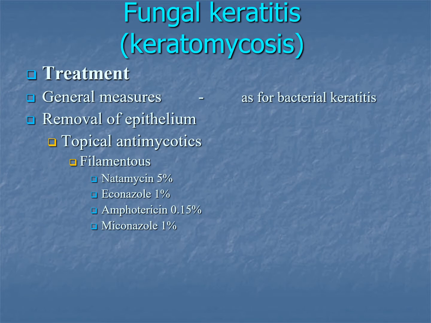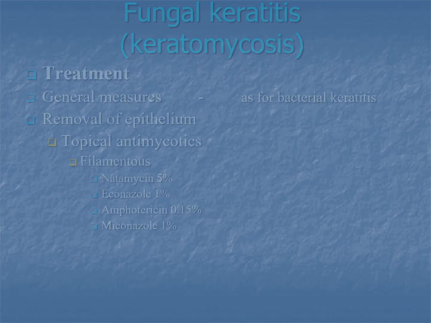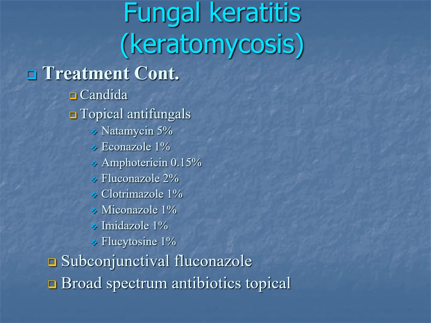In filamentous keratitis, we use natamycin 5%, econazole 1%, amphotericin 0.15%, and miconazole 1%. In case of Candida, we use the topical antifungals: natamycin, econazole, amphotericin, fluconazole, miconazole, or flucytosine.